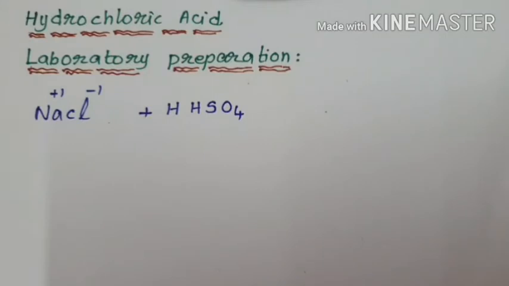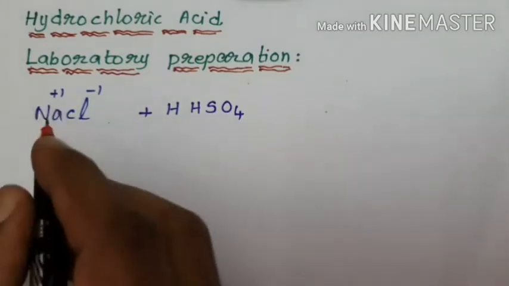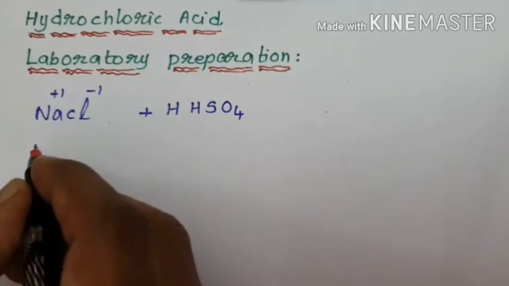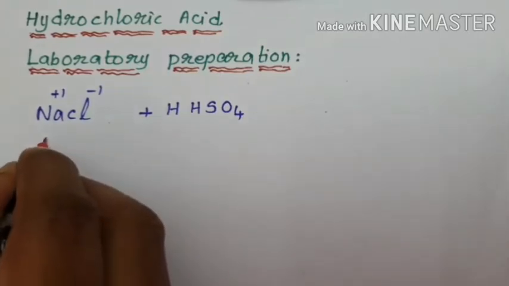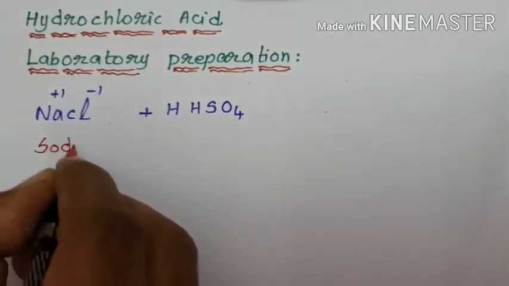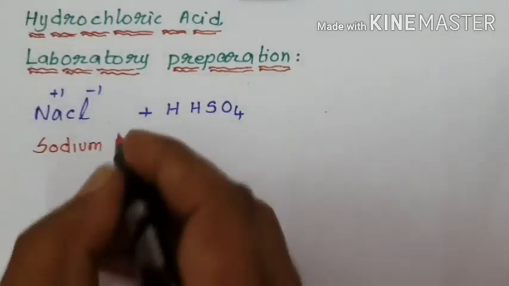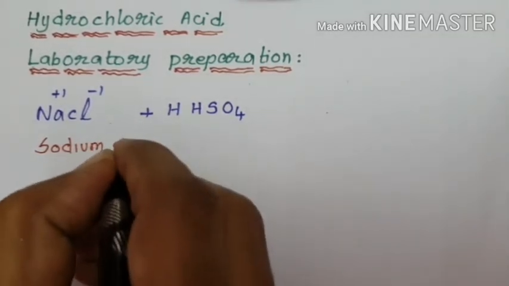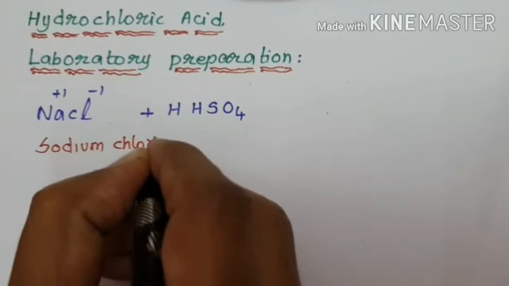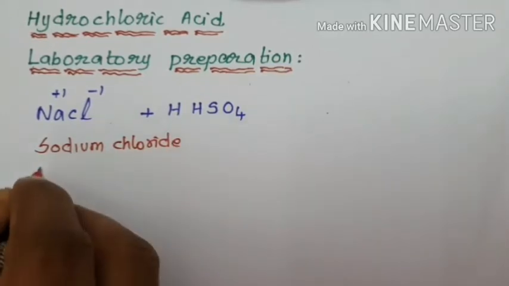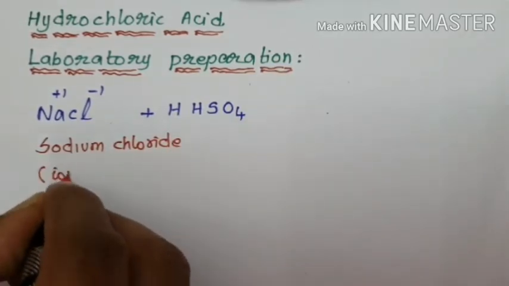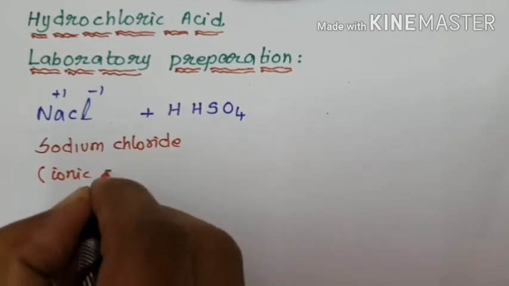The first compound is a very well-known compound, sodium chloride. It is an example of an ionic chloride.